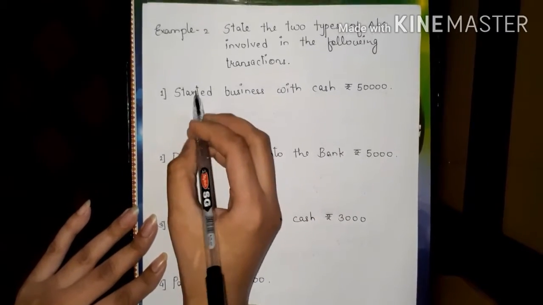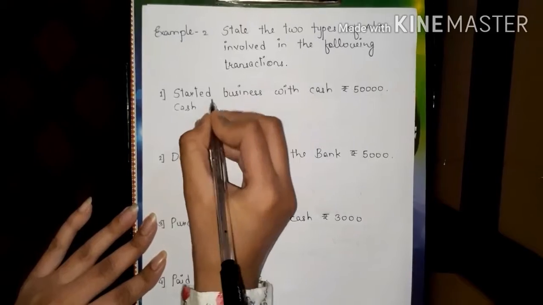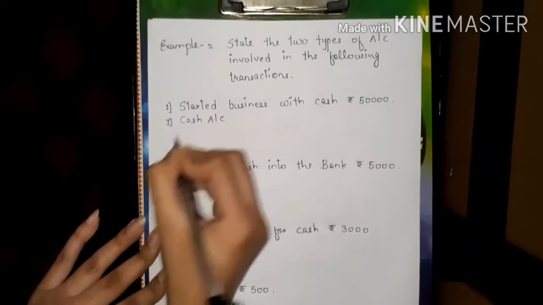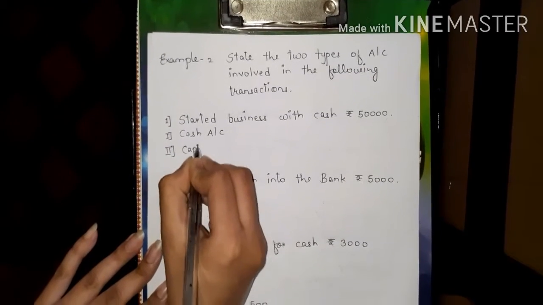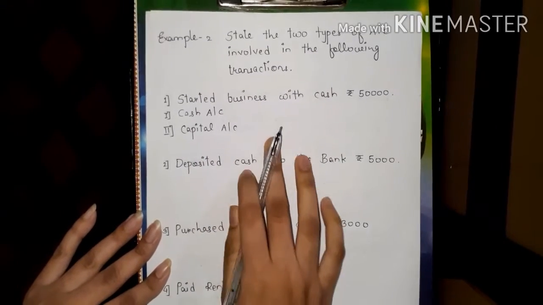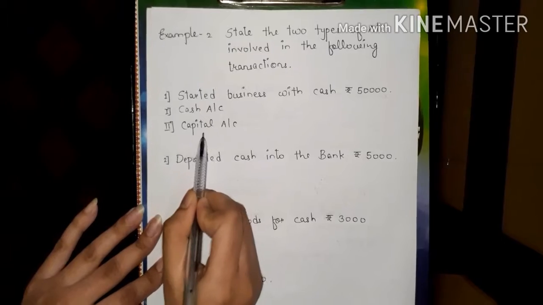Cash account is the first account, as cash is being brought into business, and another is the capital account. The owner has invested money from his own wallet into the business to start the business. That is called capital account.